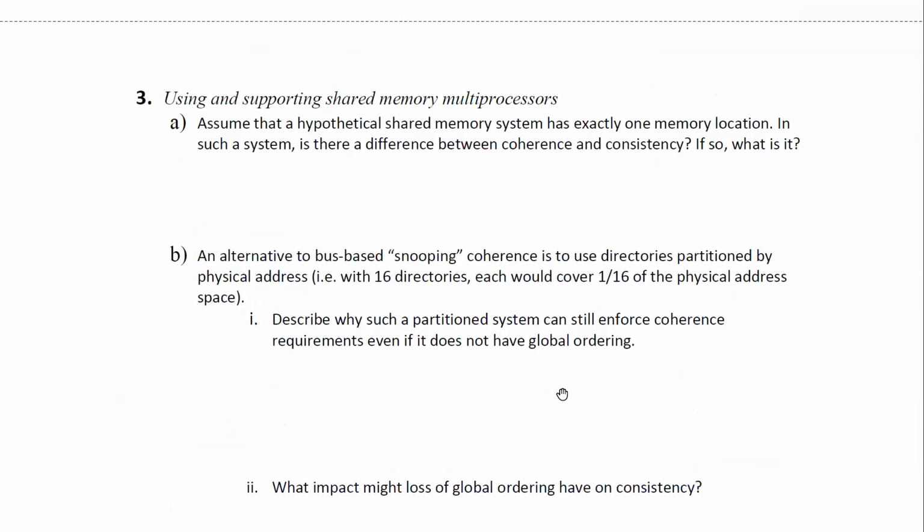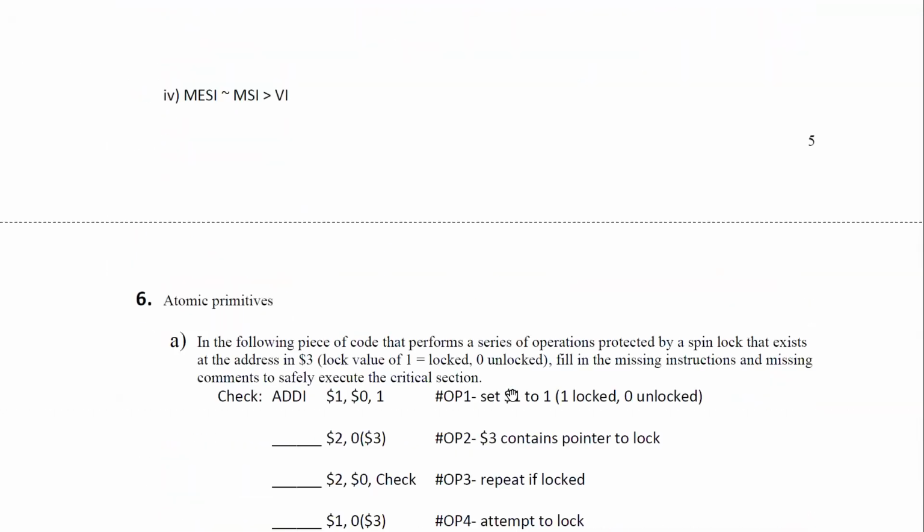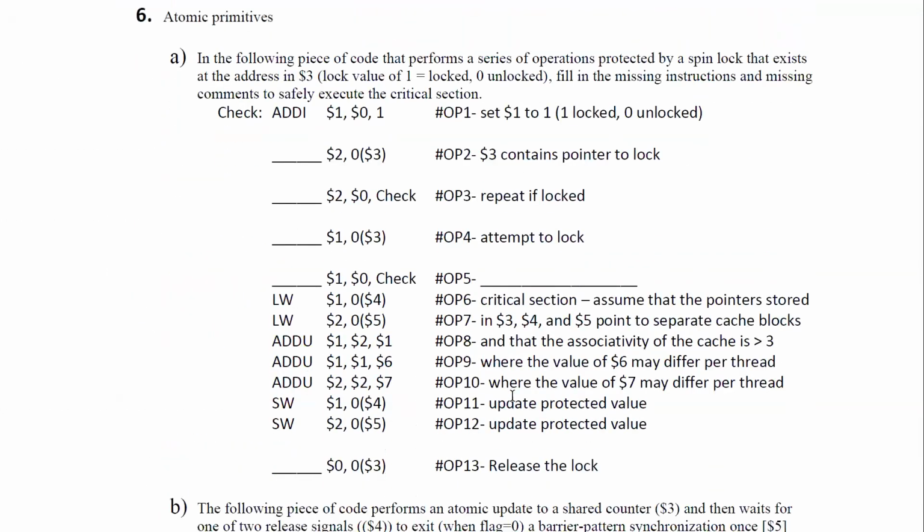Conceptual questions, coherence, consistency. I haven't gone over any particular problems with consistency because consistency is hard. In particular, if you're looking at problems involving consistency, they're mostly about understanding the design space of possible reorderings, race conditions, and other really nasty stuff.